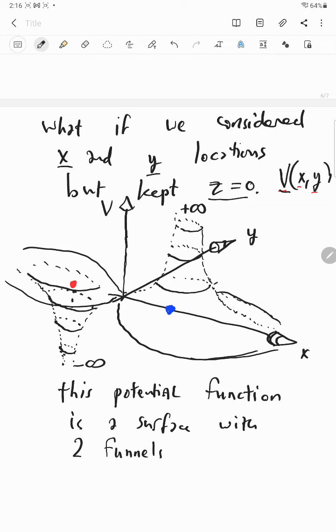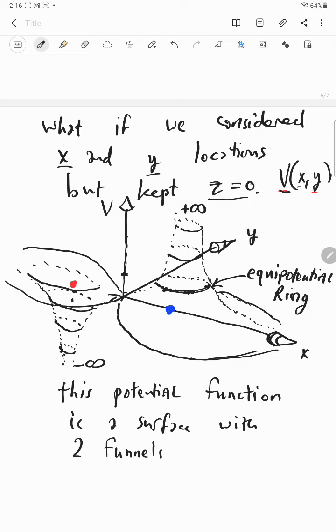But each of these rings is an equipotential. These are rings of definite value of potential that's all the same. So this xy coordinate has this value of potential, but so does this other xy coordinate and this other xy coordinate. So all of the xy coordinates along this ring are an equipotential, right?